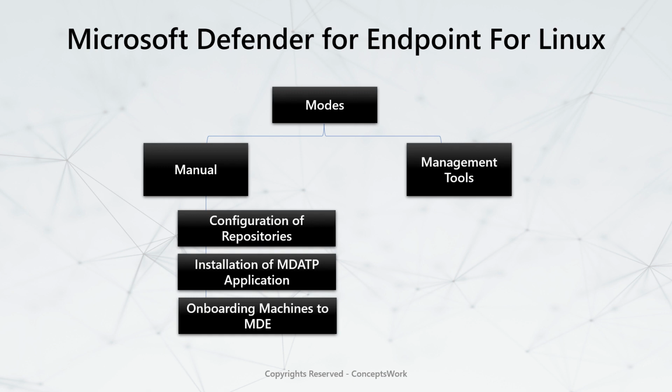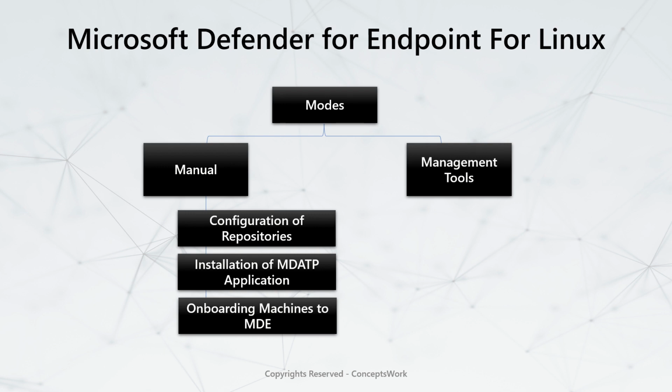Now, this is exactly the 3-stage process that I was referring to, because these steps have to be followed sequentially in terms of making sure everything is working on a Linux machine from an MDE perspective. The first one is configuration of repositories, then installation of the MD-ATP application, and then onboarding machines to MDE.